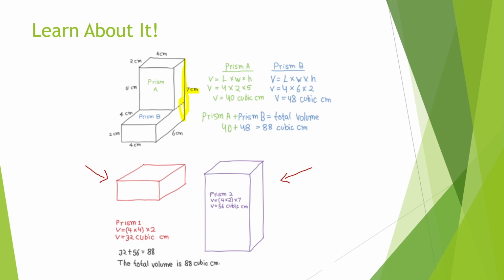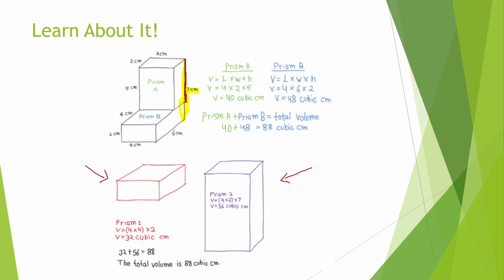But because we partitioned it and we broke it down a little bit differently, we're not going to look at that side as 7. We're going to look at that side all the way up from the top, all the way up until it gets to that partition. So as soon as prism A stops and it gets into prism B, that's no longer part of the dimensions. So then how can we tell what that side's going to be?